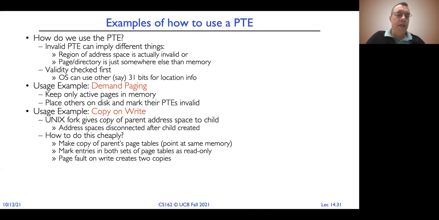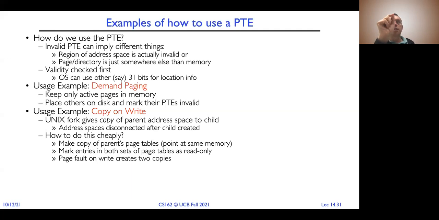So initially, because you want to reduce the overhead of forking a process, the forked process can share the entire address space with the parent process. So the reads are going to the same memory. It's memory efficient, and it's fast to fork. But you start copying only when you write.